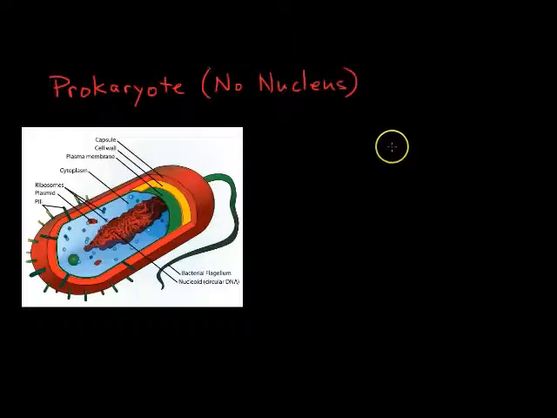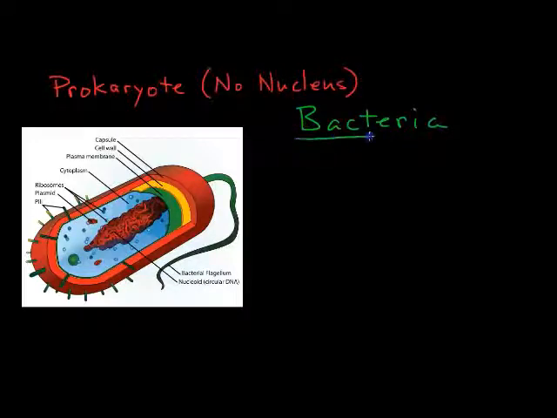So here we have a picture of a typical prokaryote, much like the picture we have in our book, I believe, and they all don't look exactly the same. One of the most important aspects that you should know about a prokaryote, whenever you hear that word, is that we're basically talking about bacteria. And bacteria are single-cell organisms, and the cells have no nucleus.